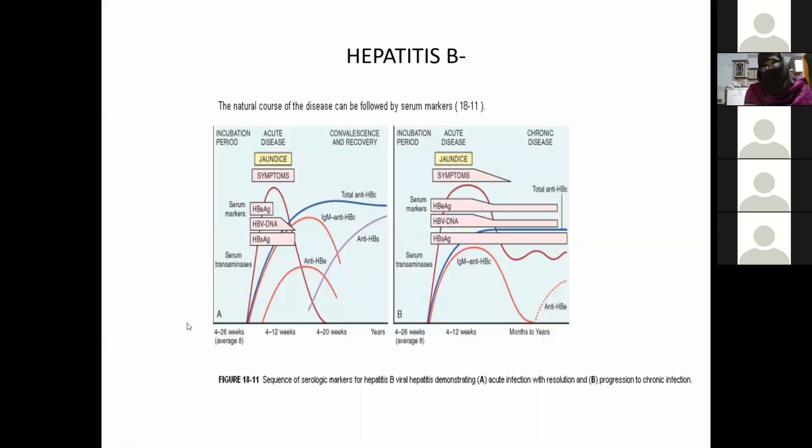Okay, so if you just concentrate on the graph, anti-hepatitis B का जब peak है तो markers which are actually indicative of viral replication have stopped.